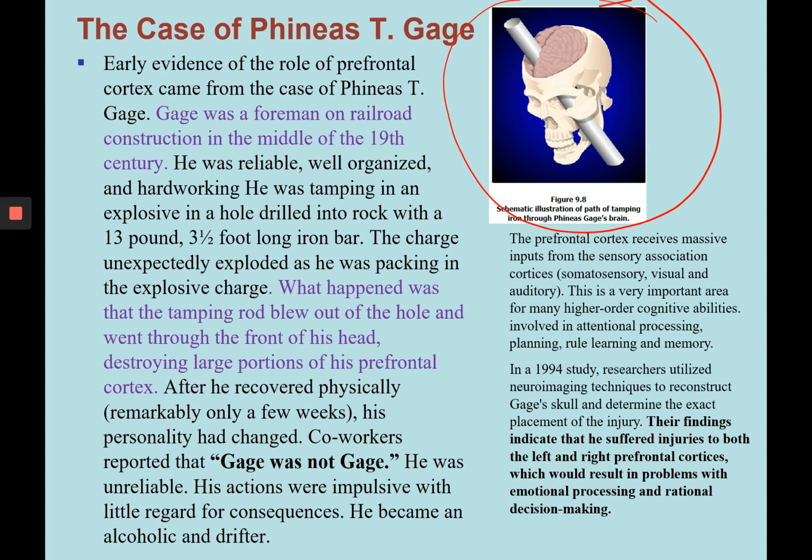And so a 1994 study did reveal with neuroimaging that Gage's skull, even though it healed, the placement of the injury indicated that he could have exhibited emotional abnormalities in information processing, learning, and decision making. So definitely the case of Phineas T. Gage is interesting. His prefrontal lobe was damaged, his personality changed. Some of the first information we got about what that part of the brain does was from this case.